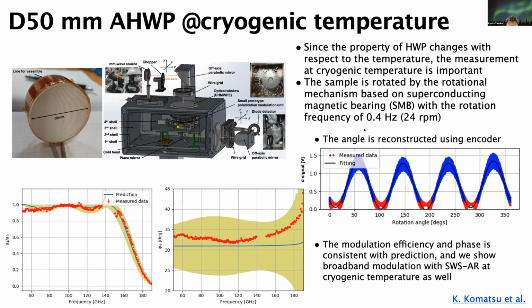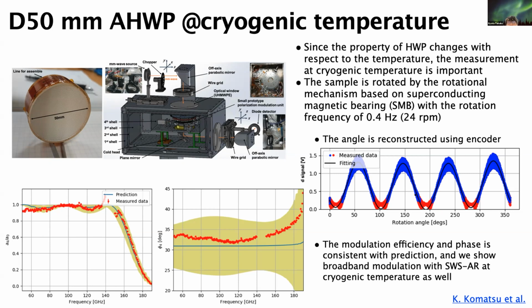The same thing, we reconstructed the rotational data, and fit the data and calculated the modulation efficiency and phase. Actually, this includes not only the optical performance, but also the systematic effect from the rotational mechanism.